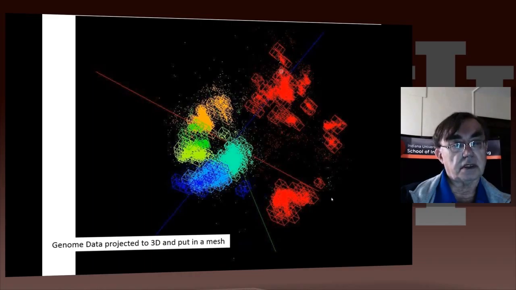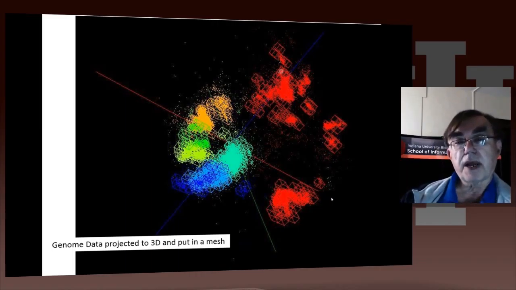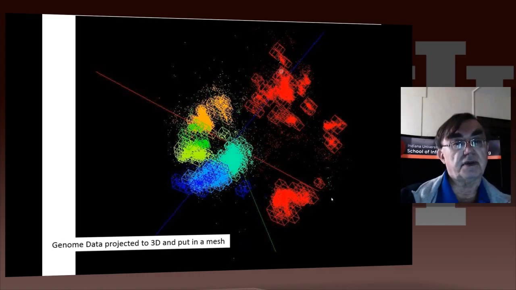Now, I just note that this is actually quite time-consuming, because these sequences actually live originally in a space of around 1,000 dimensions, and I had to use a technology called multi-dimensional scaling to map the sequences into 3 dimensions. And when in 3 dimensions, I could very efficiently apply this nearest neighbor algorithm.